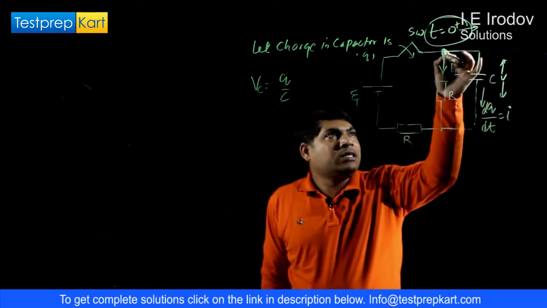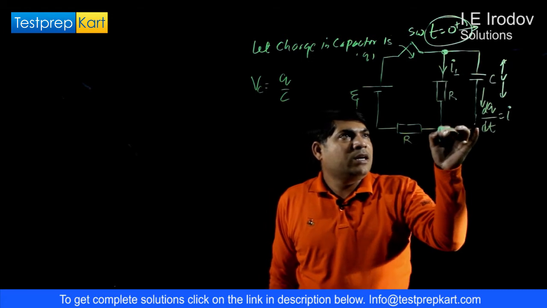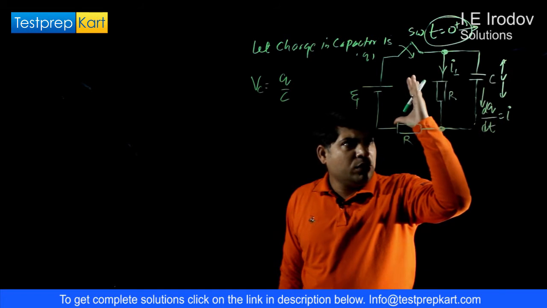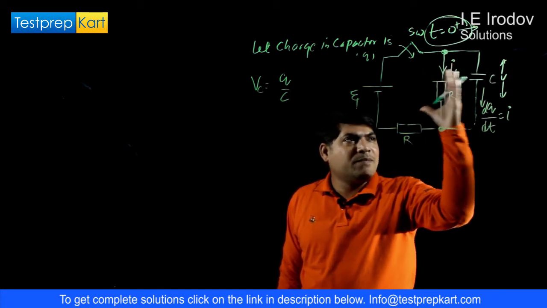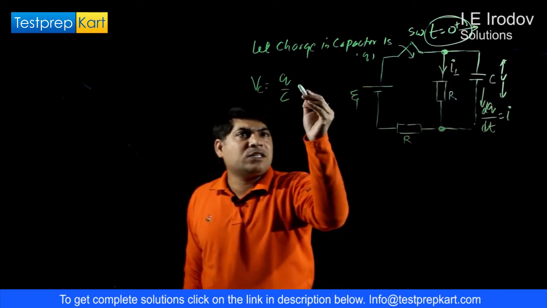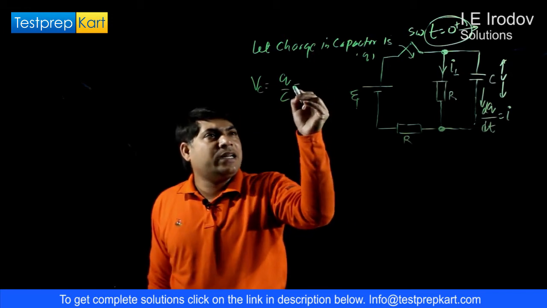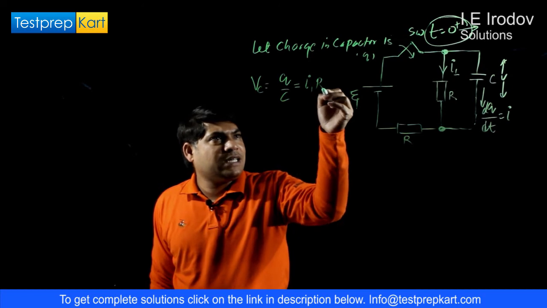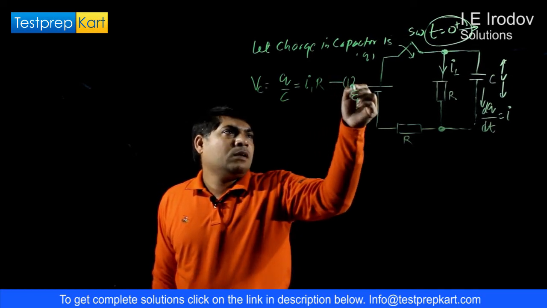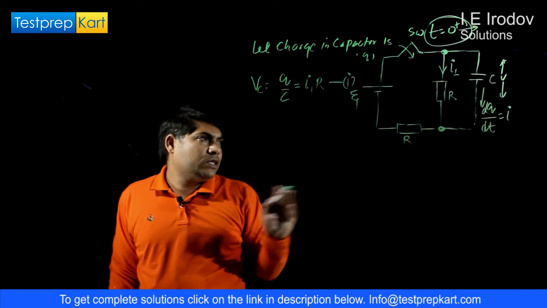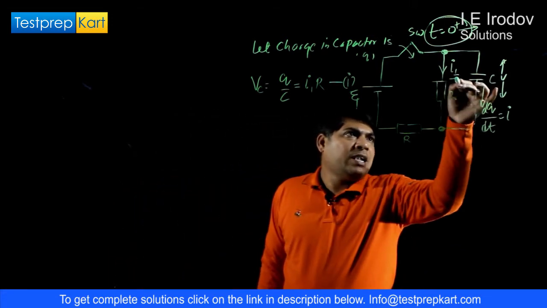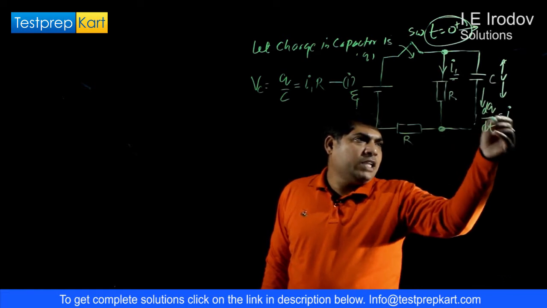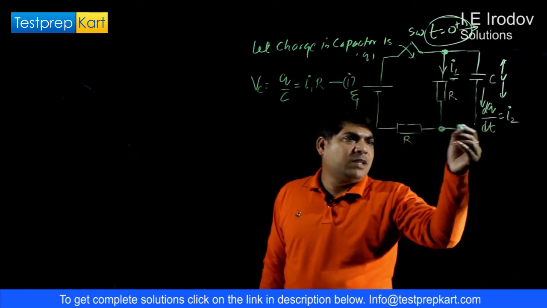First, this resistive element is connected in parallel with the capacitor, and in a parallel combination there is the same potential. So the voltage across the capacitor at any instant is equal to the voltage across the resistance, that is I1 into R. This is the very first equation. Second, current I1 is coming from this resistance and dq over dt, I2, is coming from the capacitor.